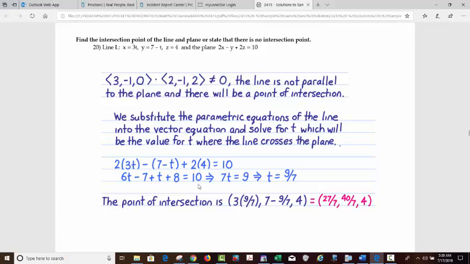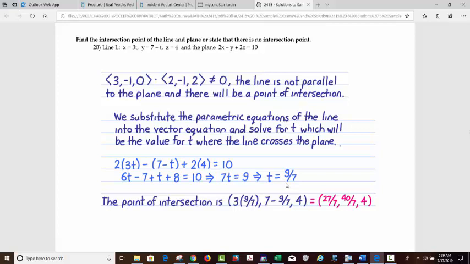We know we're not going to get that because we've already eliminated it. That's the only way a line and a plane would never hit each other, the same idea as with two lines back in algebra. But it's not 10 equals 10, so only when t equals 9 over 7 will the line hit that plane.